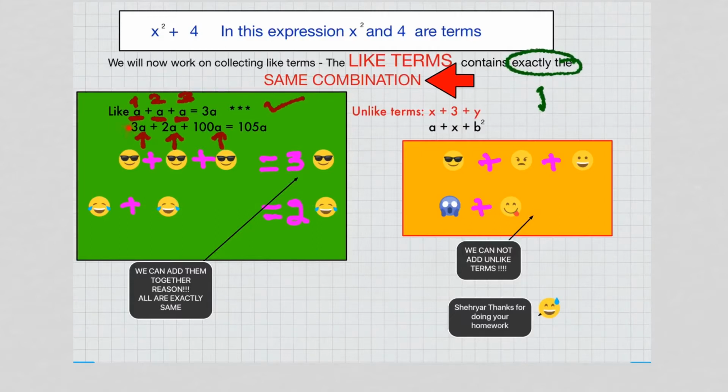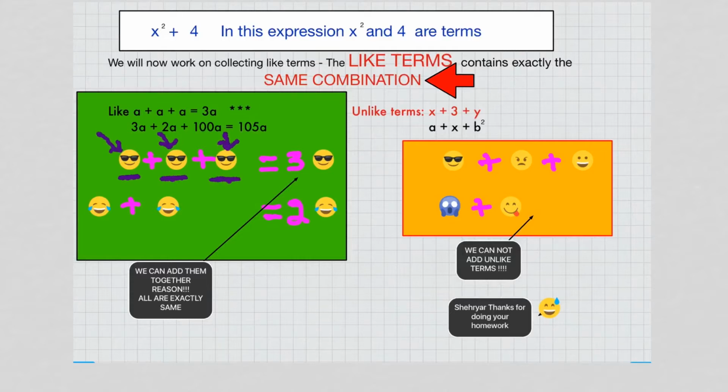The combination in the second one is an alphanumeric combination, where the first part is a number, then we have an alphabet, so they have the same combination. The reason we can add them together is because they are exactly the same. First one, second one, third one, they are all the same.